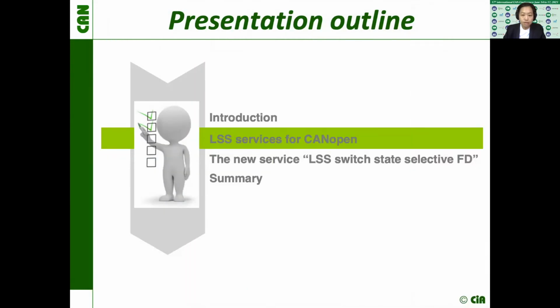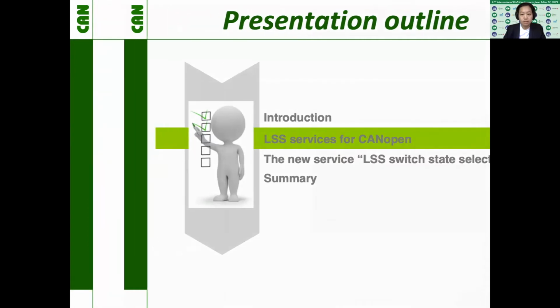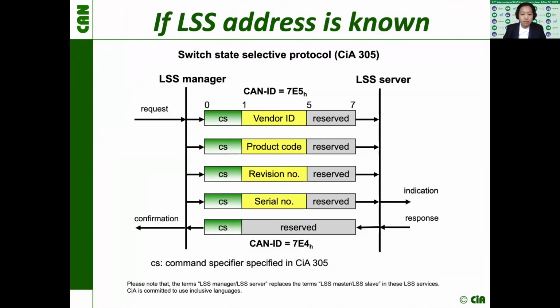Firstly, how do the LSS services for CANopen networks work? This slide shows the LSS switch state selective protocol, as specified in the CiA 305 document. You can see the layer setting service distinguishes between an LSS manager and the LSS server.